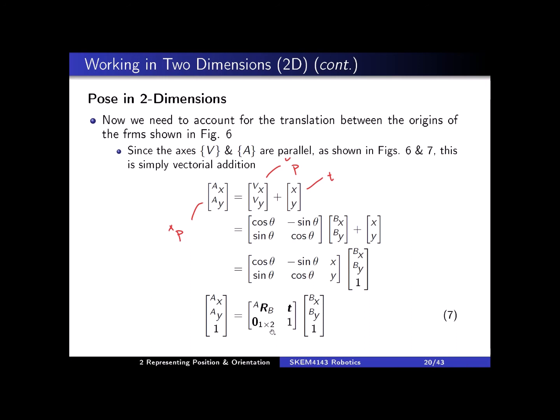So now this matrix represents both position and orientation of coordinate frame B with respect to A. This will be a 3 by 3 matrix, and the last row is always 0, 0, 1.